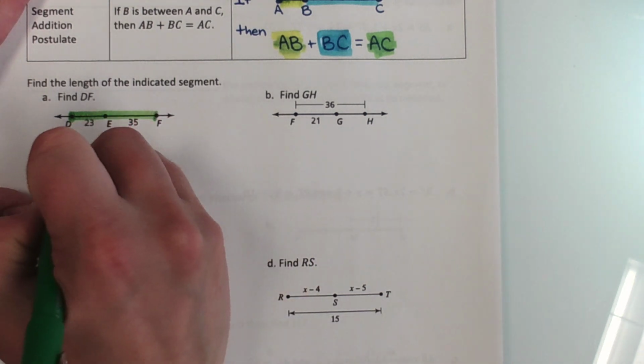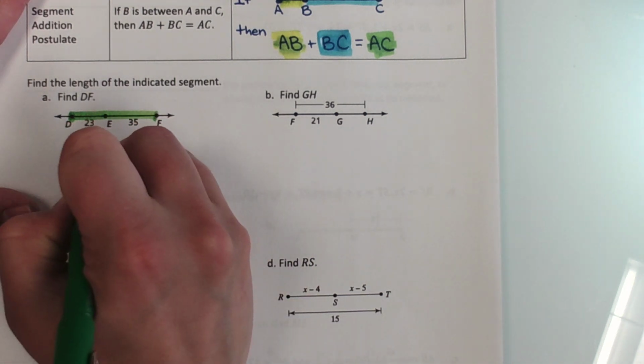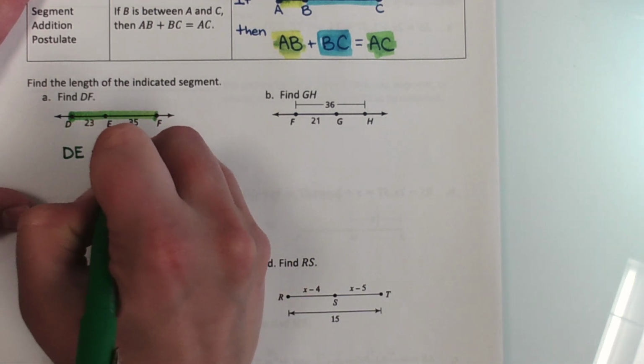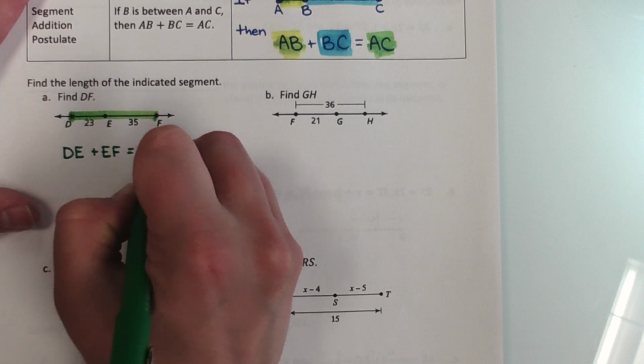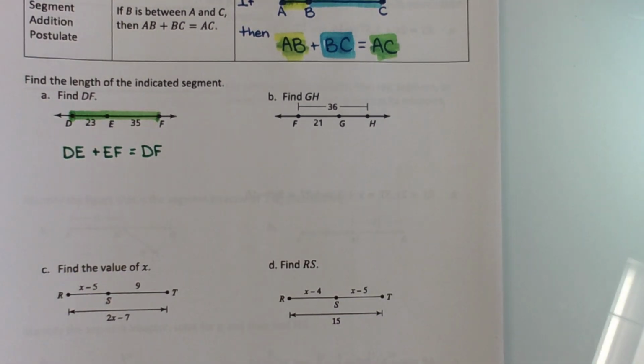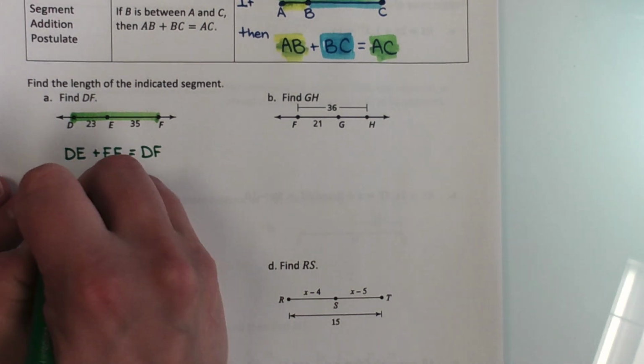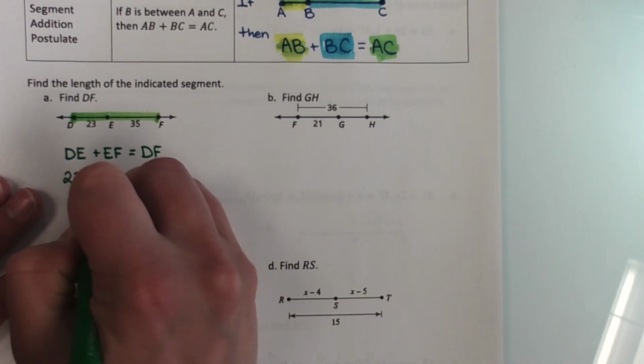In other words, segment addition postulate says that DE plus EF put together makes the full thing. That's what the postulate tells me, is it gives me this equation because E is between. That being said, we know them as numbers. DE is 23. EF is 35.